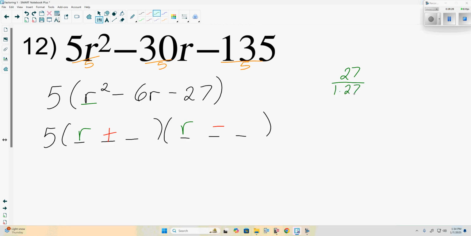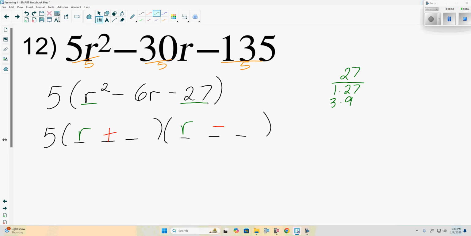Factors of 27. 1 and 27. Is 2 a factor? 3. 3 and 9. And that's it. Nothing else.